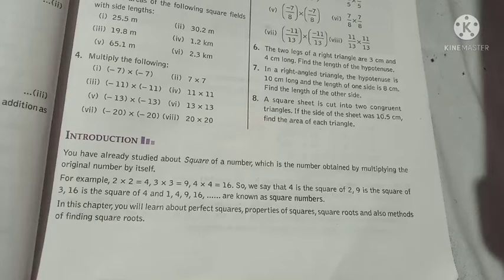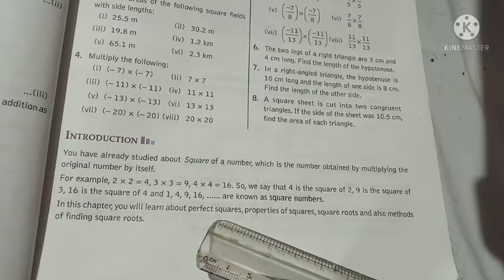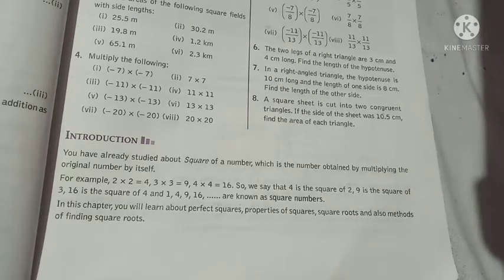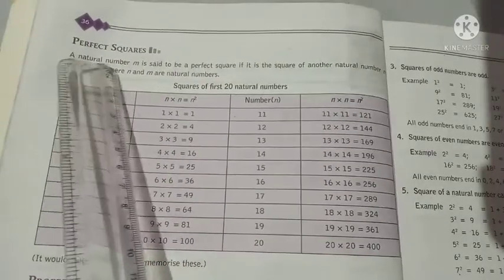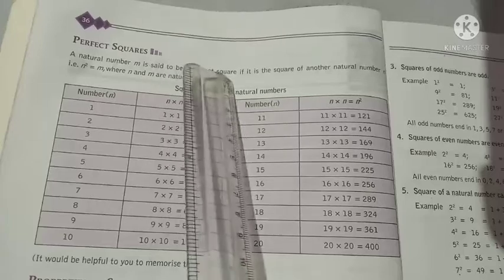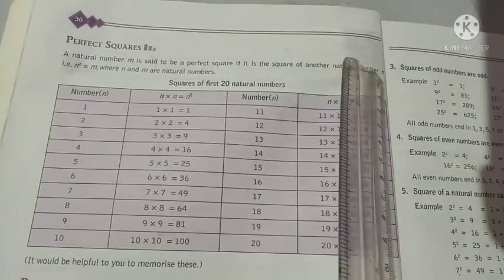So next, the first one we are going to start is perfect square. What is a perfect square? We have to see now. Perfect square: a natural number m is said to be a perfect square if it is the square of another natural number n.